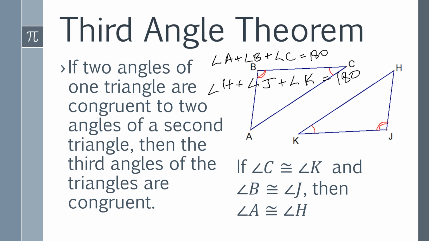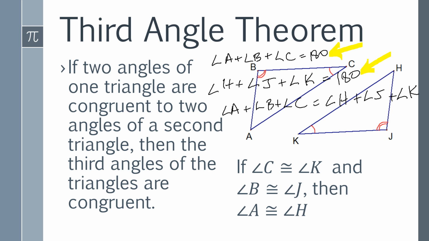Well, if this is equal to this, then the left sides are equal also. So we could say that angle A plus angle B plus angle C is equal to angle H plus angle J plus angle K.